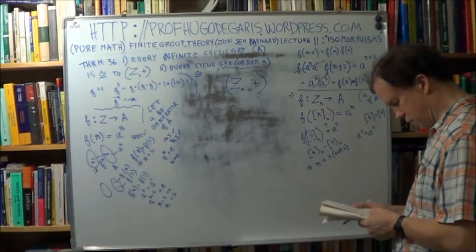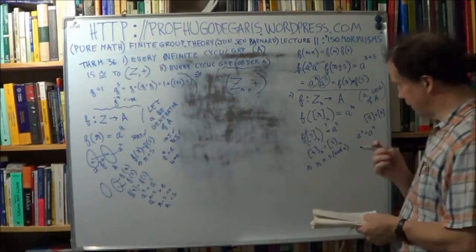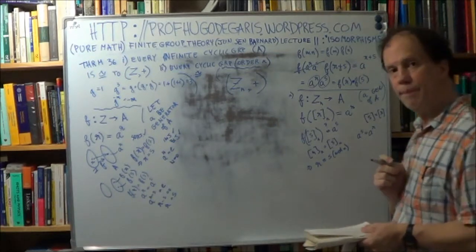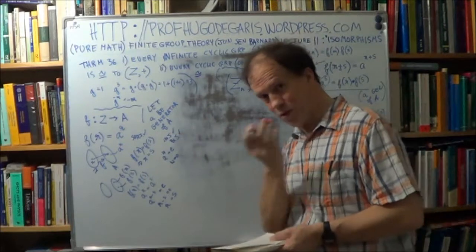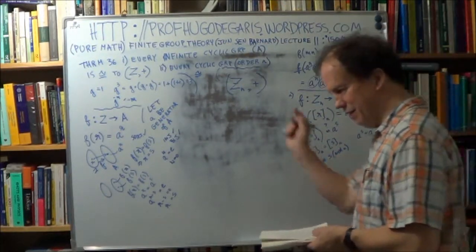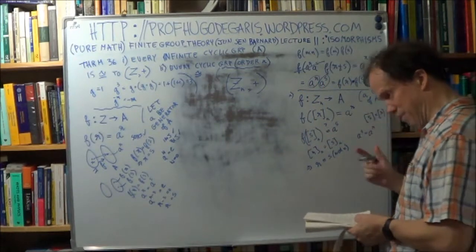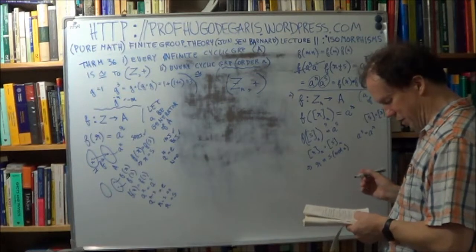And what can I conclude from that? Well, now we can use the second part of theorem 18. That's why we talked about it some minutes back. Can you remember what the conclusion was?